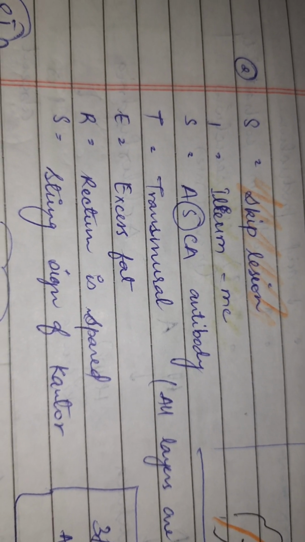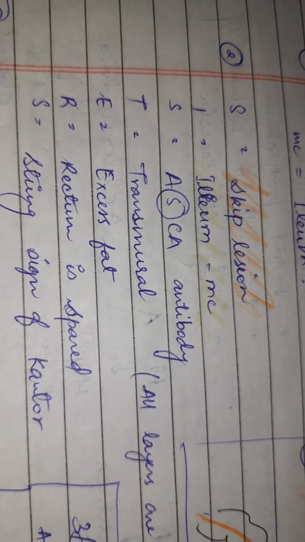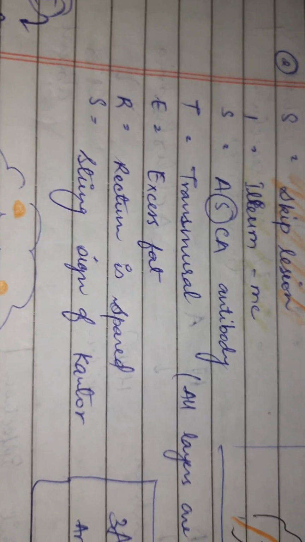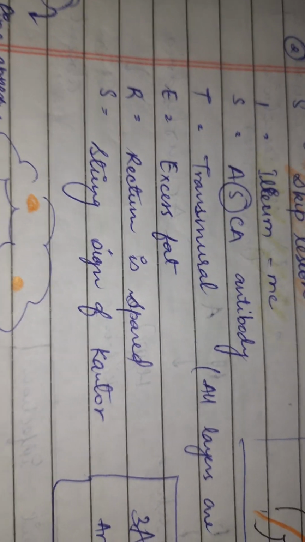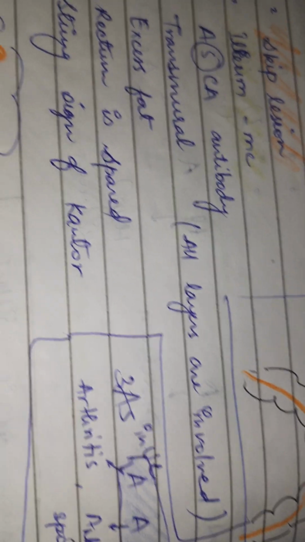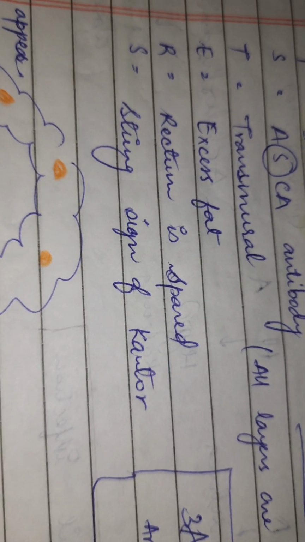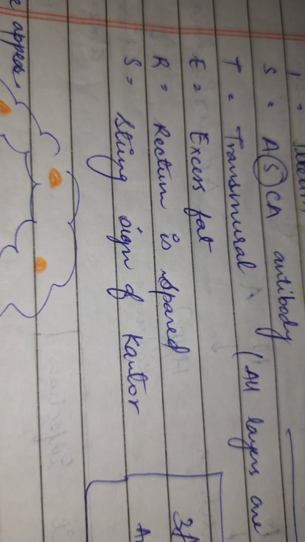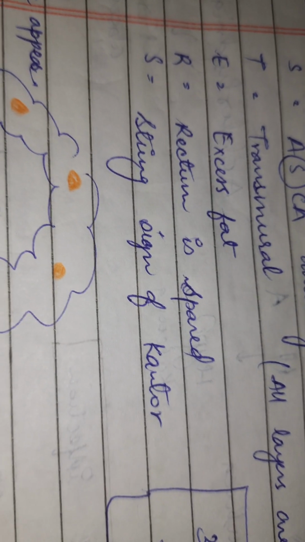S for ASCA antibodies, more common here. T for transmural, all layers of the GIT are involved, small intestine and large intestine. E for excess fat. R for rectum is spared.